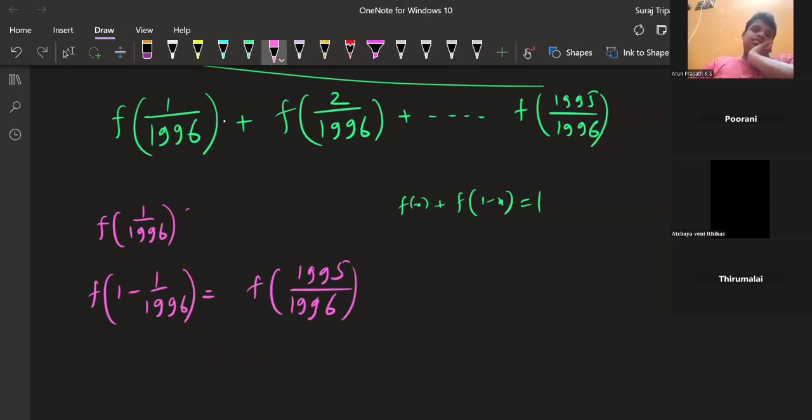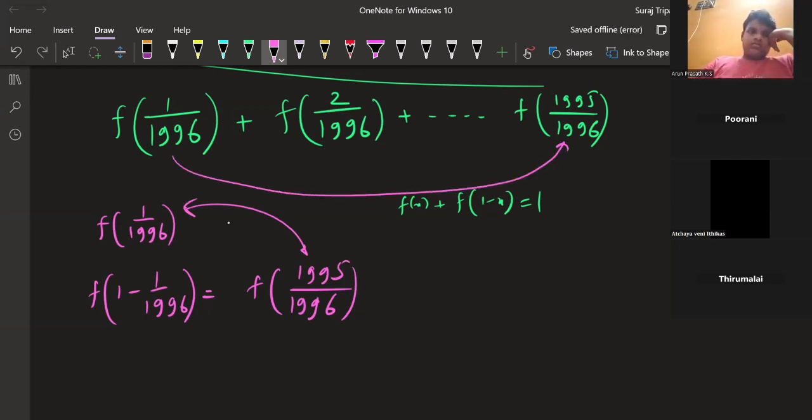So the sum of these two functions will be equal to 1. That means in this expression, the sum of these two numbers will become 1. These two functions will become 1. Right? Any doubt?